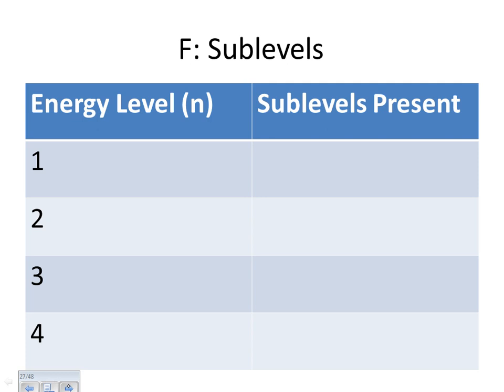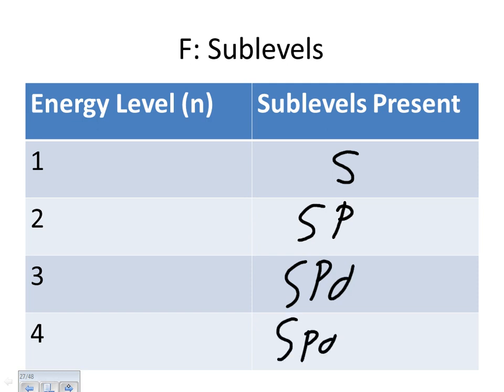As you increase energy levels, you're going to increase sublevels. So at our first energy level, the only sublevel that's going to be present is s. We're going to go to the second energy level, so we're going to add a sublevel. So now we're going to have s and p. And again, with the third energy level, now we have s, p, and d. And then the fourth energy level, we're going to have s, p, d, and f.